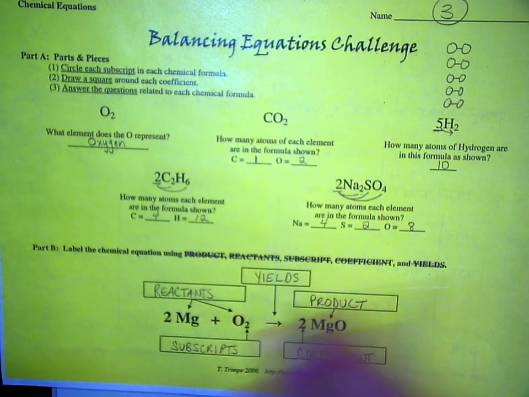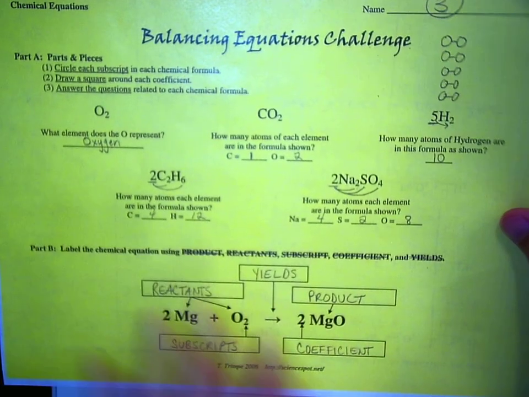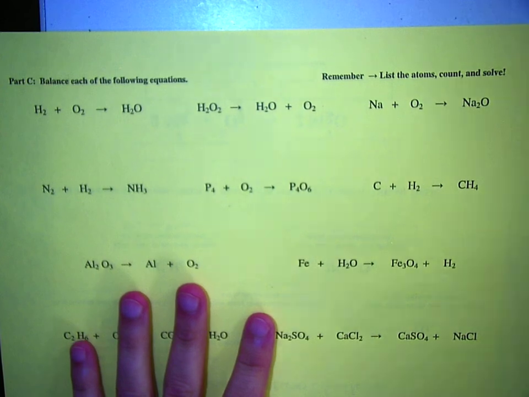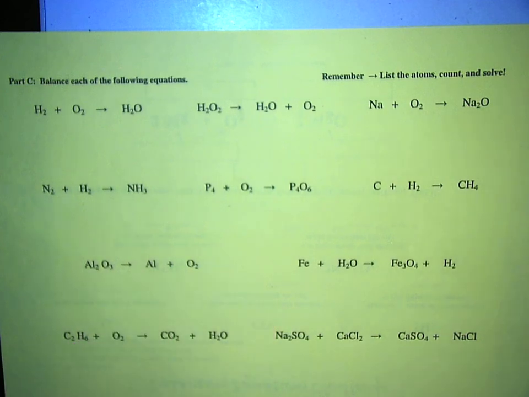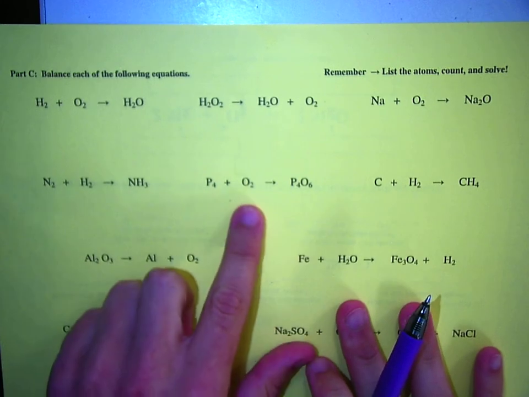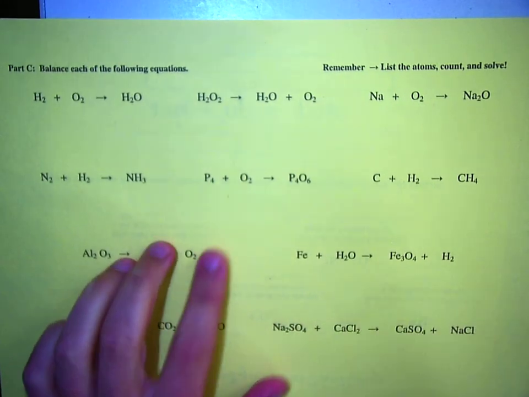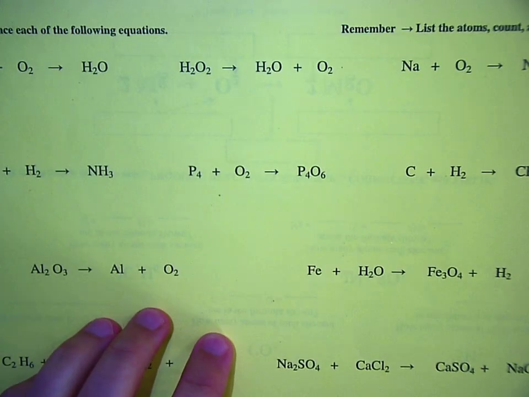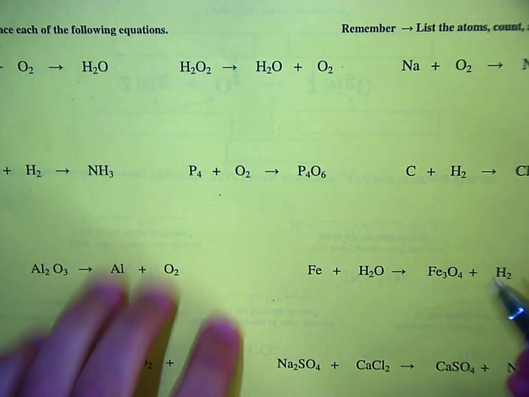We're going to flip this over where there are some example problems. We're just going to do a few. Okay, so your page is going to look something like this. We're just going to do a couple on here as examples. First off, I'm going to start with the one right here in the middle, where we have P4 plus O2 yields P4O6.